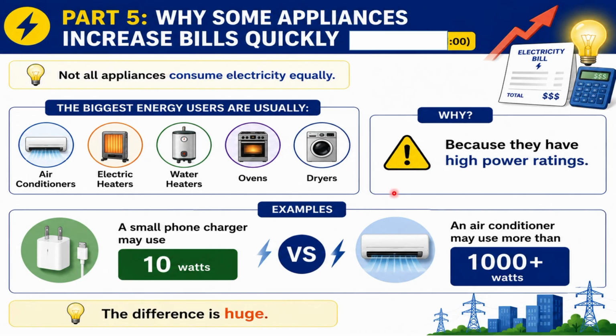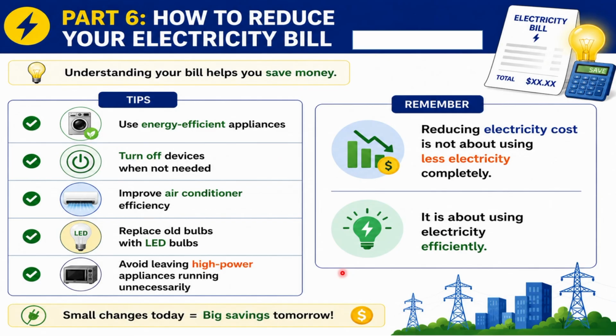They consume more because they have higher power ratings, right? A small phone charger may use 10 watts, but an air conditioner may use more than 1000 watts. So you realize that the difference is huge. That's why some appliances definitely consume more than others.